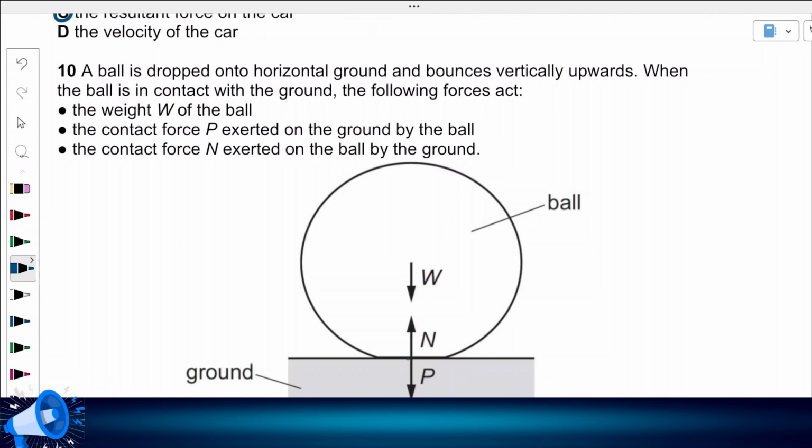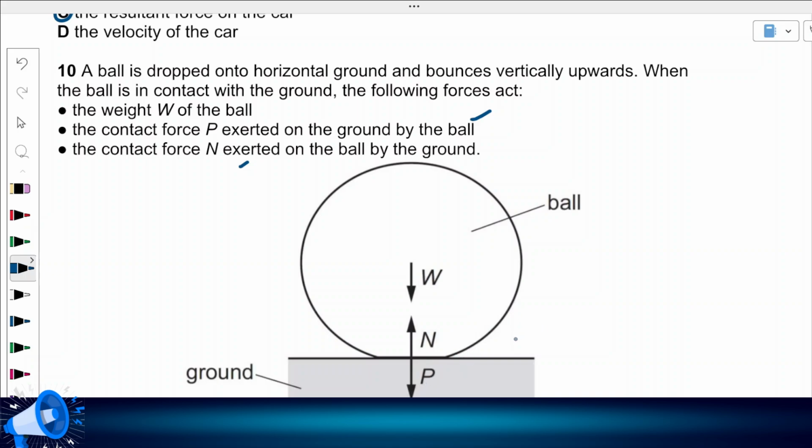A ball is dropped downwards and hits the ground. The contact force is P, the contact force is N. P and N are a pair of action and reaction forces. What do we call that?